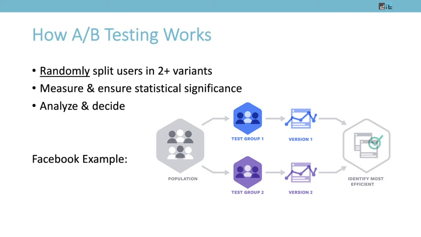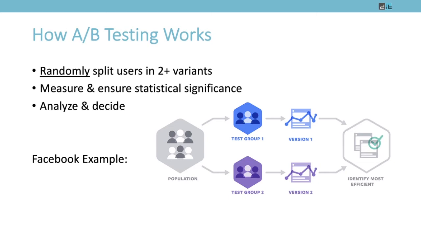So we randomly split the users in two variants, and we have two versions of a feature, version 1 and version 2. In the first group, we're showing version 1 of the feature, which could also be the existing feature, in which case we call that control. And then version 2 is the new thing that we would like to test, to examine or experiment as to how much better or worse this may be.